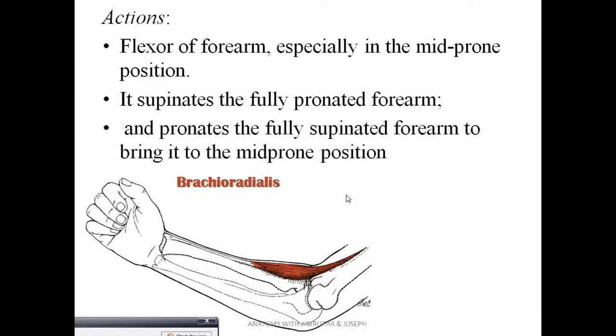Actions of brachioradialis: it is a flexor of the forearm, because even though it is a muscle in the extensor compartment, structurally this muscle crosses the elbow anteriorly, so it can flex the forearm, especially in the mid-prone position.